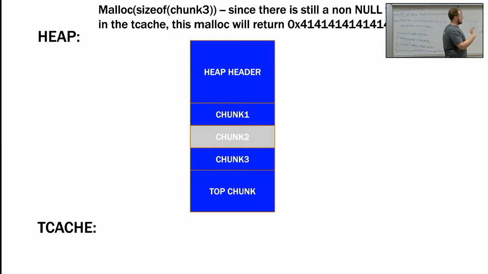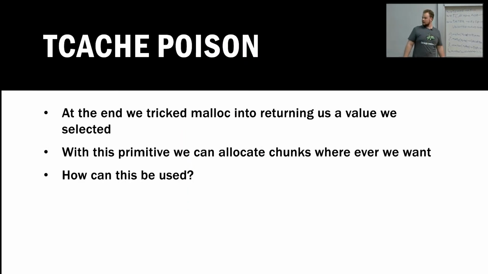We can skip the canary. We can return a chunk that points to the address right under the canary. We can bypass canaries. We can also attack hooks. We'll take a look at hooks momentarily. But the point is that we've tricked malloc to return an address of our choosing, an arbitrary address.